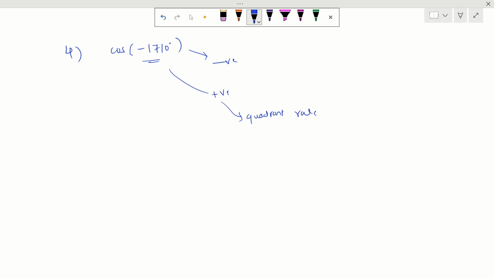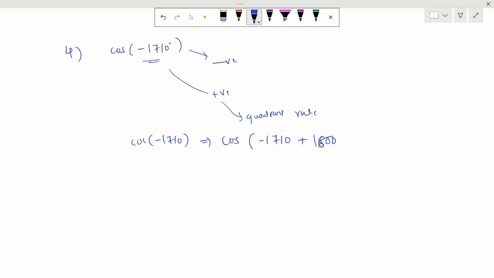So for cos minus 1710, we are converting this to a positive number. How can we convert? 1710 is near to 1800, right?